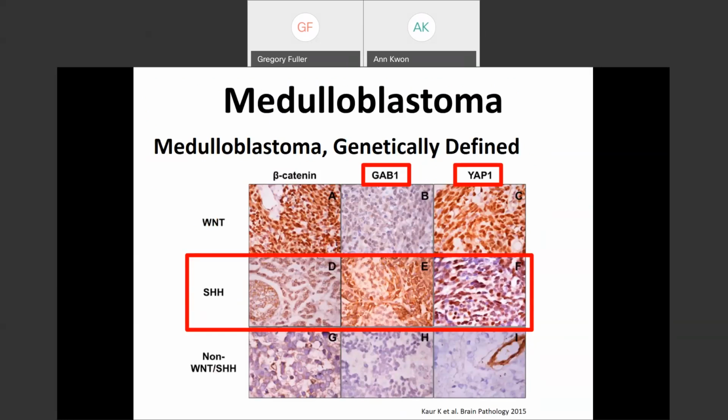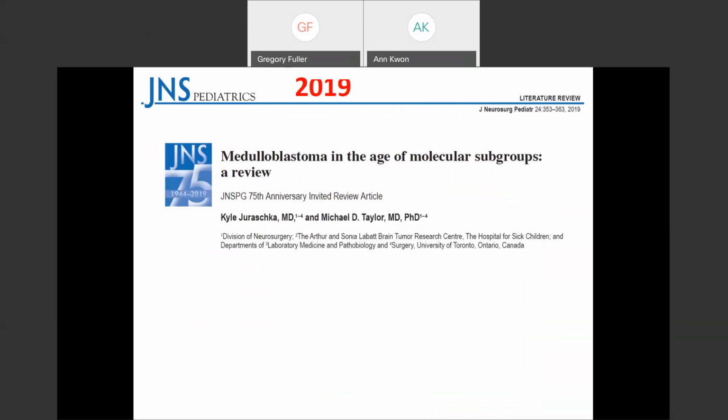I know it looks positive in the sonic hedgehog, but that's cytoplasmic. If you look closely, you can see that the nuclei are not staining. It's only when you have the aberrant nuclear translocation, the nuclear beta-catenin in a medulloblastoma, that defines the Wnt subtype. All right, there we go, beautiful.